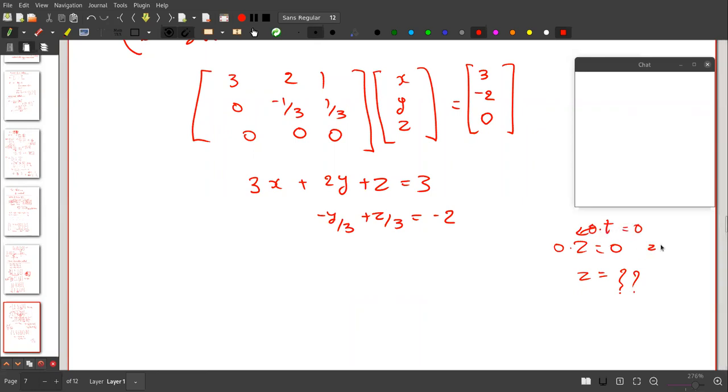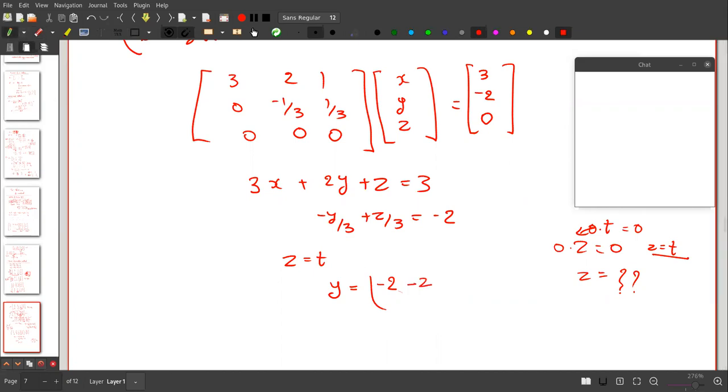So z equals t, and by taking this t, we can calculate y equals minus 2 plus z by 3 multiplied by 3. No, that's not correct.